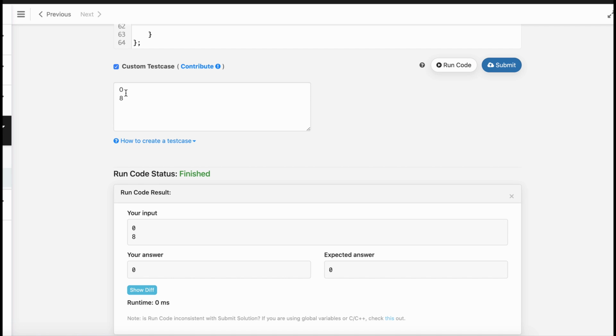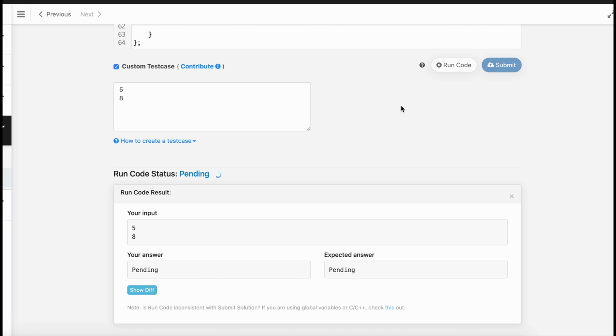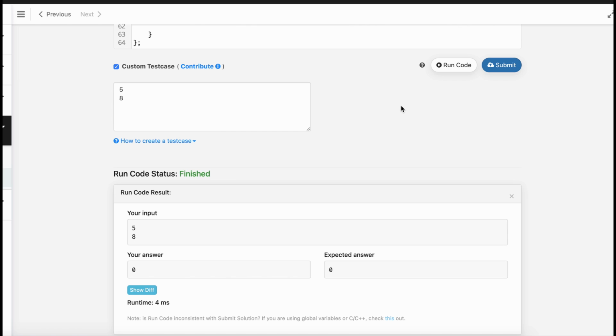Yes. And what will be the AND operation from 5 to 8? This is also the same as before.